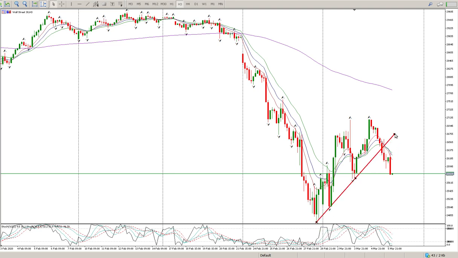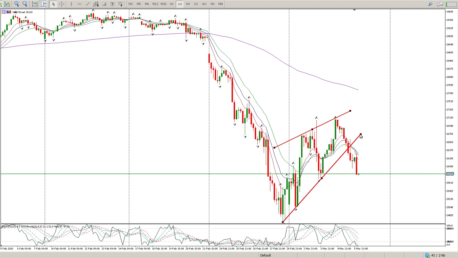A couple of things on the go here. So the first one is this flag. Okay, so we have a flag and we have a flag break. That, however, being typical of the Dow, could also turn into the start of a channel. So I wouldn't trade the flag until I have a retest.